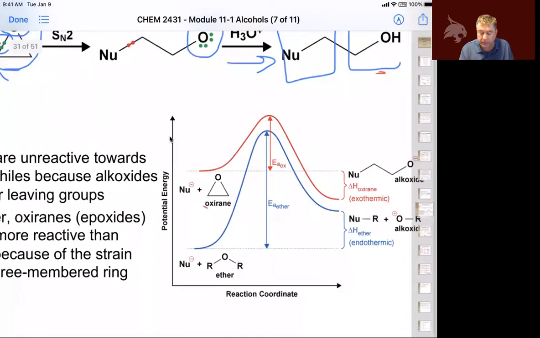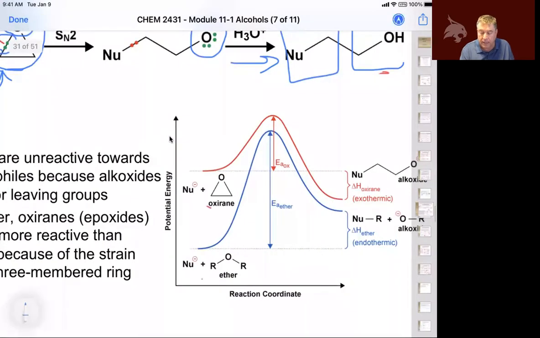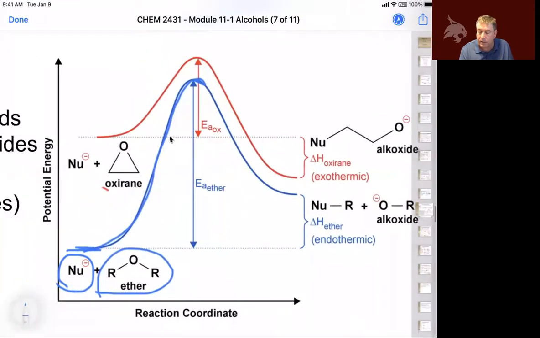So if we had a regular ether right here, and we tried to hit it with a nucleophile, first and foremost, it has a huge activation energy to get up here because ethers are very stable and have very low potential energy, okay? The other thing that I want you to notice here is that if we did this, alkoxide would be a leaving group, okay?